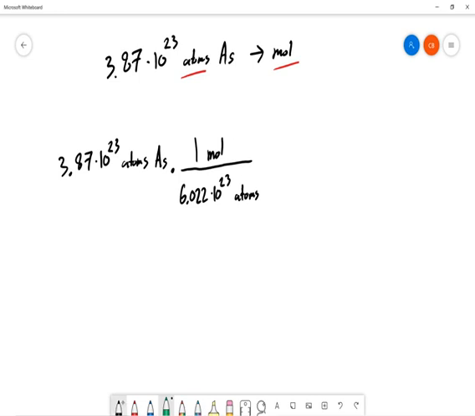That's our conversion. So that means atoms are canceled out, and we're left with moles of arsenic, which is, look, just what we want. Excellent. Okay, so when you convert from atoms to moles, divide by the mole. Divide by 6.022 times 10 to the 23rd. All right, this will be 3.87.